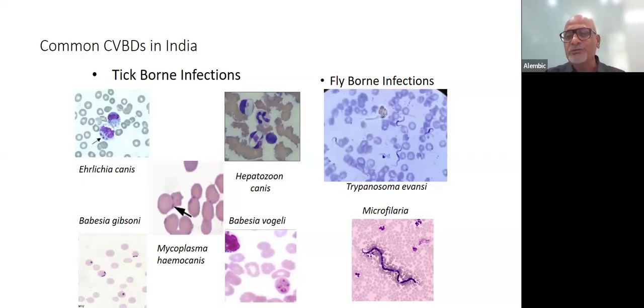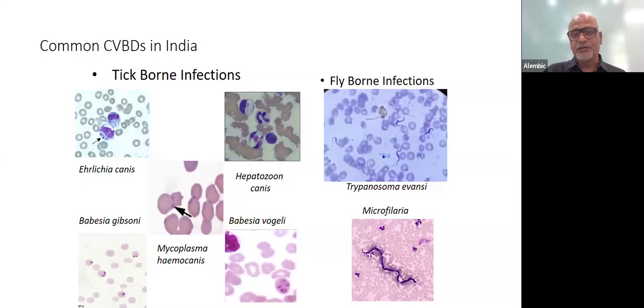And a prerequisite for that is proper staining. The stain should have minimum artifacts, because ultimately when you are peeping inside the microscope, there will be artifacts, and it is your job, or the job of a pathologist, to differentiate whether it is an artifact or the organism. So an experienced eye is required.